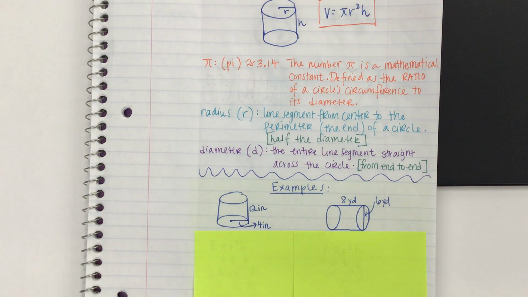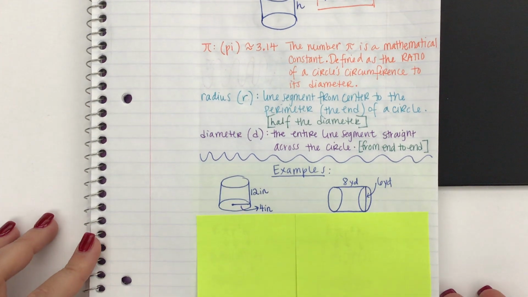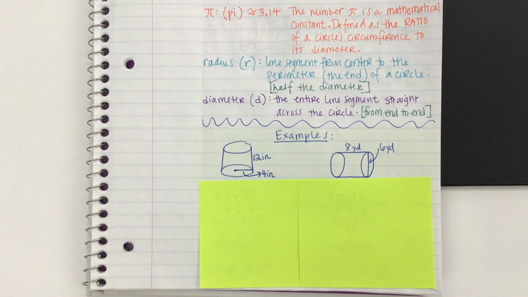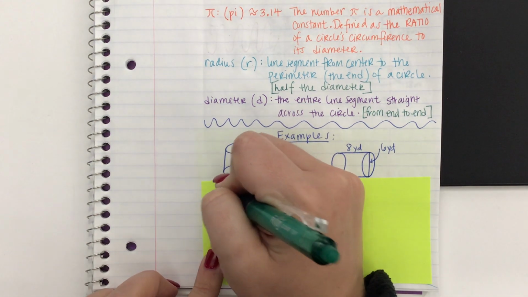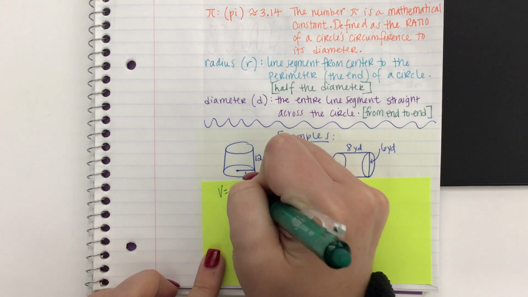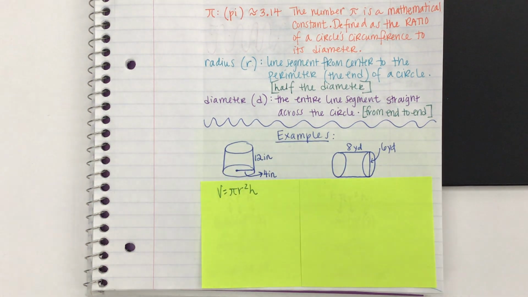So here we have two examples. Let's go ahead and start with the first one. The first thing you always do, yes, you can draw your figure, but then you always have to write down the formula, because you have so many figures, you don't know which formula to use. That's why I always write down the formula, so I know that this is the formula that I'm using. And then I fill in what I know.